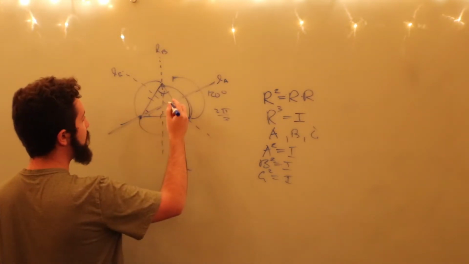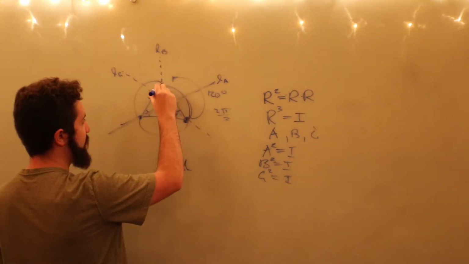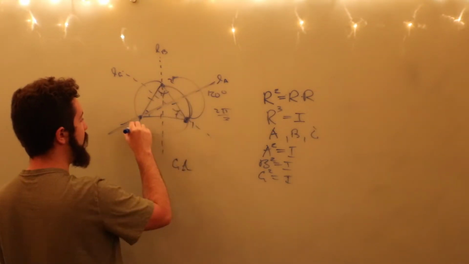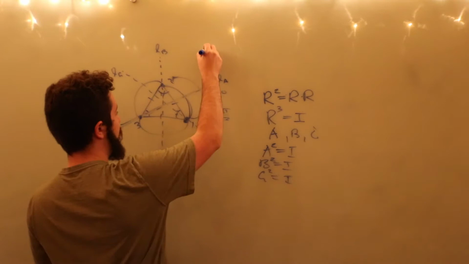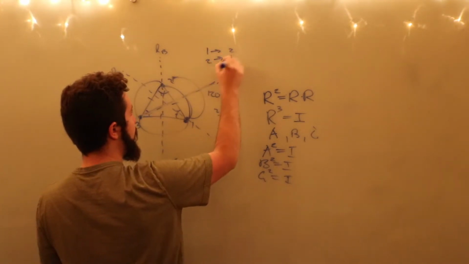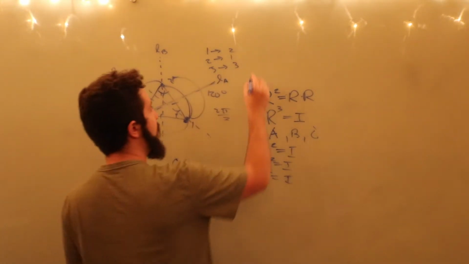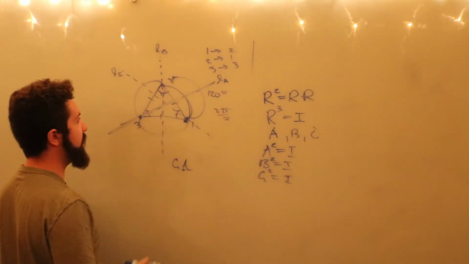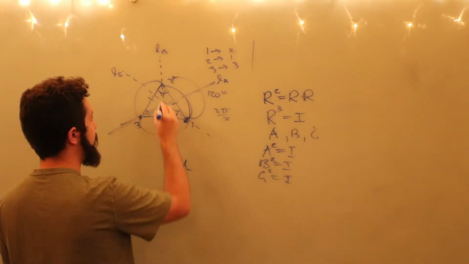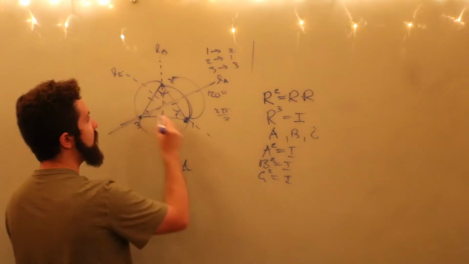But so this point is going to go to this point, and then where's it going to go? So if we label these 1, 2, 3, we're going to have 1 going to 2, and 2 going to 1, and 3 going to 3. That's going to be our first operation. And then our second operation is whatever's in position 2 is going to go into position 3.